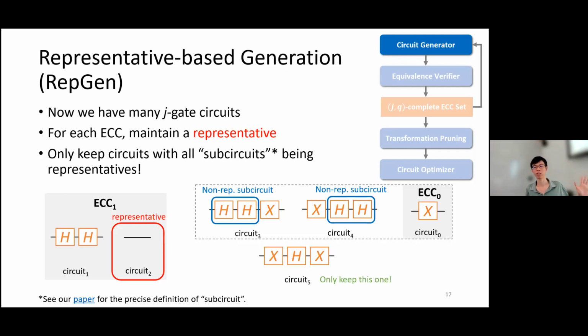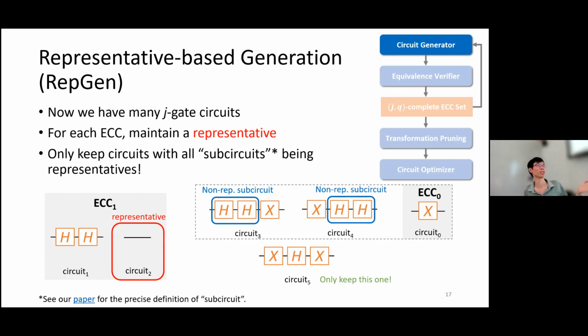And because this is a smaller circuit, when we're generating 3 gate circuits, we already consider all circuits with no more than 2 gates. So the X is already considered, and we already have all transformations.